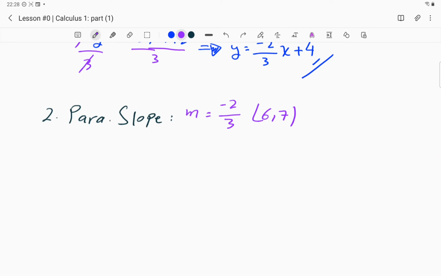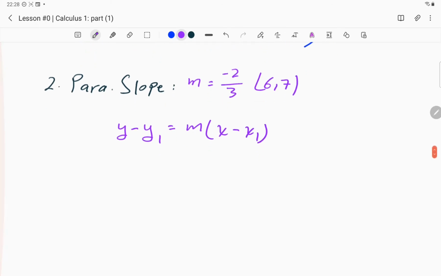Because we're gonna use one of our equations that was mentioned at the start of the lesson, which is point slope. It literally means what it means. The formula, to refresh your memory, I'm gonna write it down: y minus y1 equals m(x minus x1).